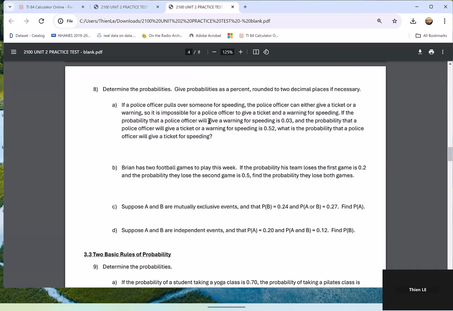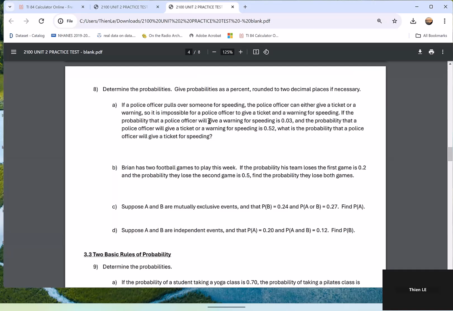And what is the probability a police officer will give a ticket for speeding? The wording is a little bit confusing to me here. But if you read it carefully, the person gets either a speeding ticket or a warning, and that probability is 0.52.